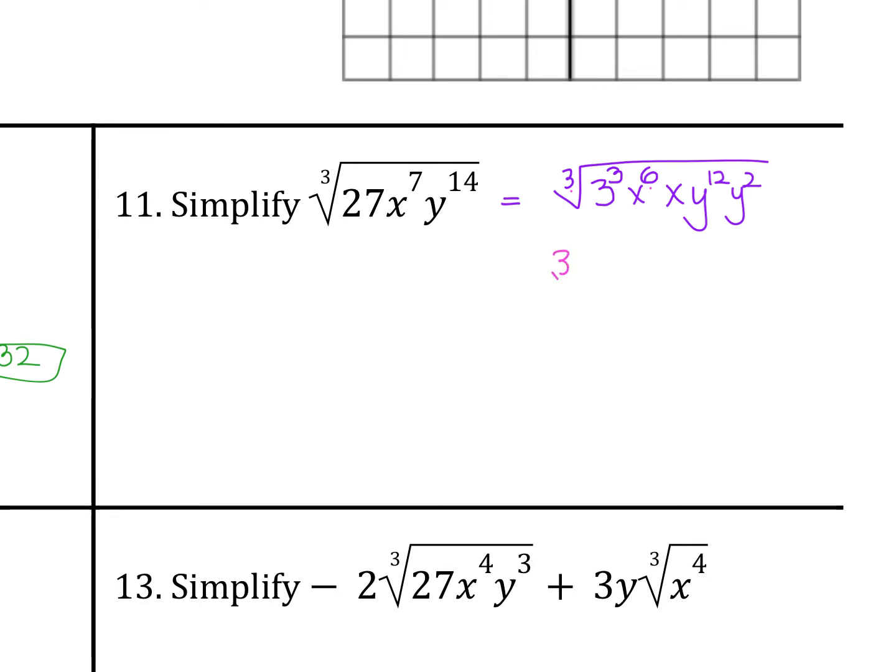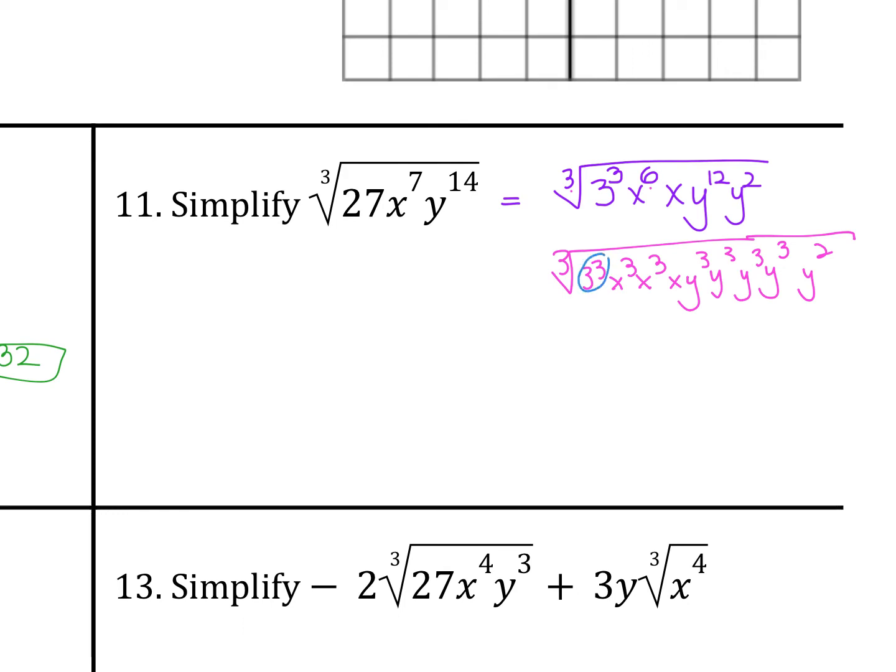If you do it the long way, you could do this as well. You could say x to the 3rd, x to the 3rd, x, y to the 3rd in groups of 3, since I'm trying to get 14. 3 times 4 is 12, then y squared. You can do this and then circle it.